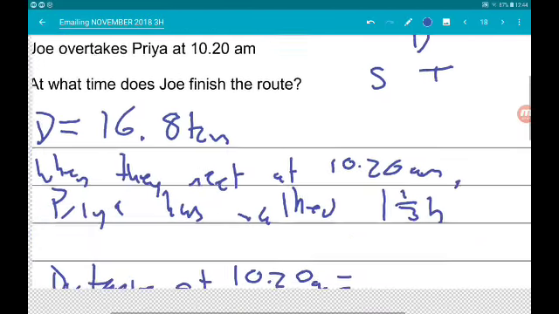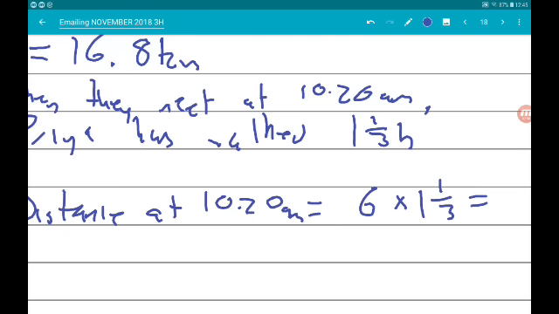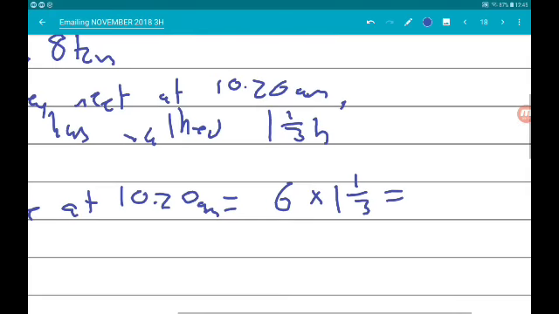So speed times time, 6 times 1 1/3. You can do that on your calculator, or just think about it. 1 times 6 is 6. 1/3 of 6 is 2. So 1 1/3 times 6 is 8 kilometers.